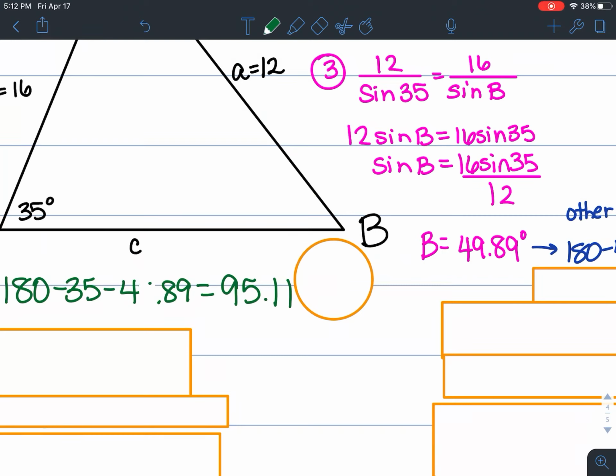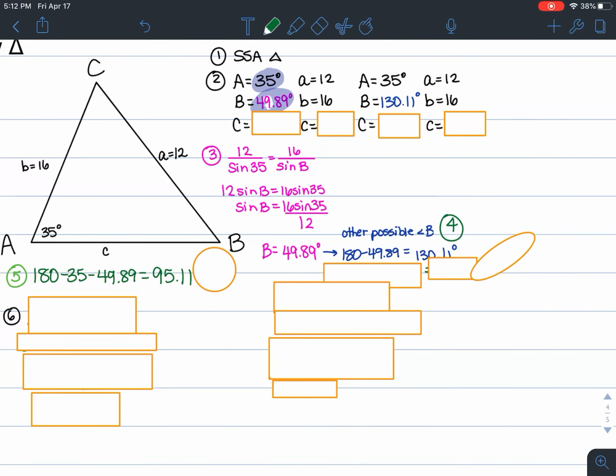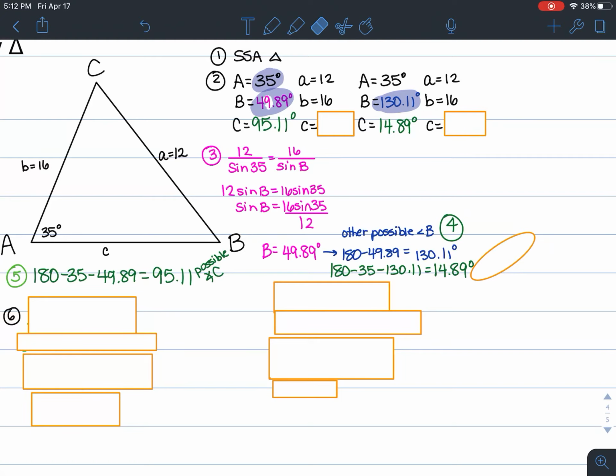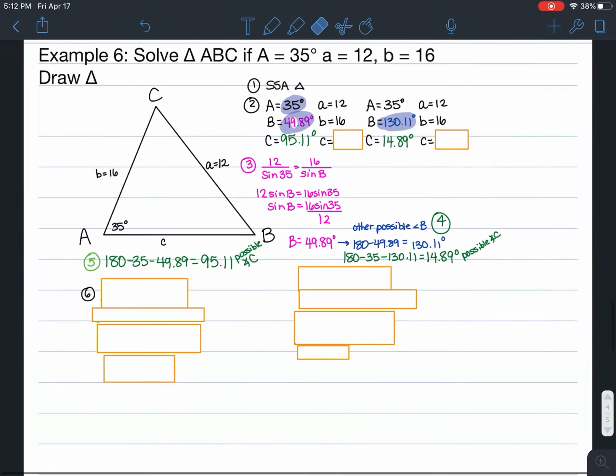Yeah, it is 95.11. Yeah, I just wrote it wrong. I didn't actually do the math wrong. Okay, and so that's our possible angle C for triangle 1. And then I'm going to have to go do it again for triangle 2. So 180 minus 35, but minus 130.11. And that's 14.89. And that's our other possible angle C.